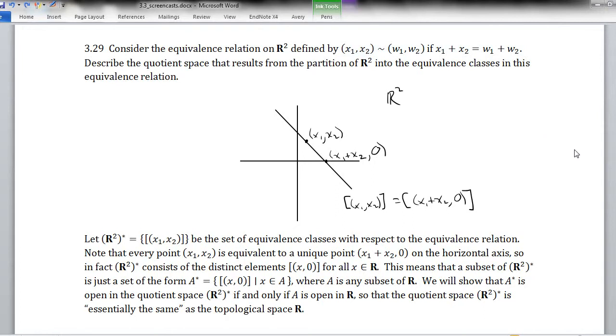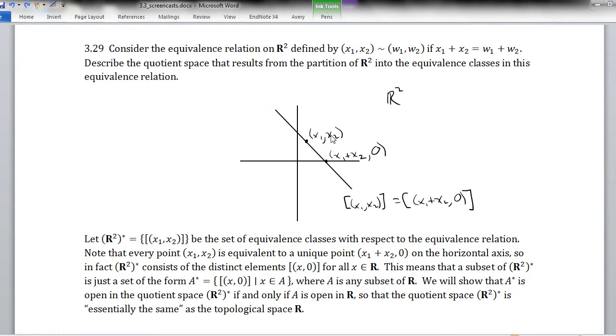All right, well, what do these equivalence classes look like? Basically, once you have a point x1, x2, its equivalence class is going to be all the other points in the plane w1, w2, such that w1 plus w2 equals whatever the sum of your original 2 coordinates were. And that's just going to be some line in the plane of slope -1 through that original point x1, x2.